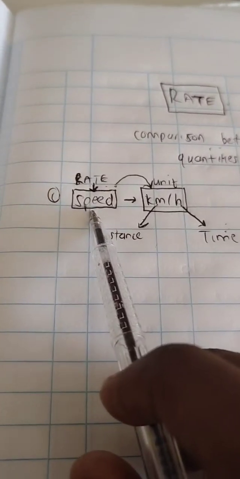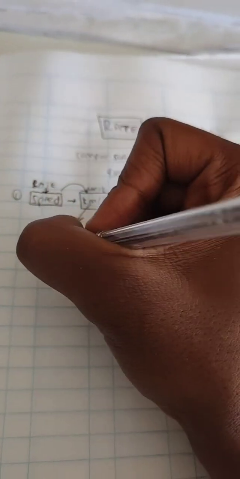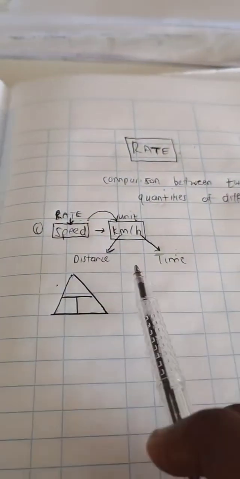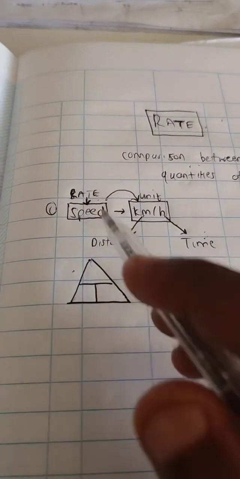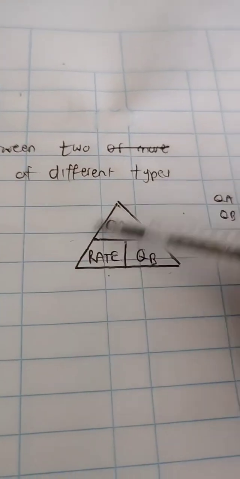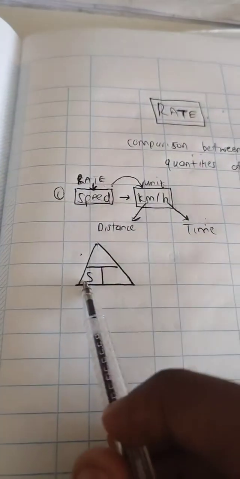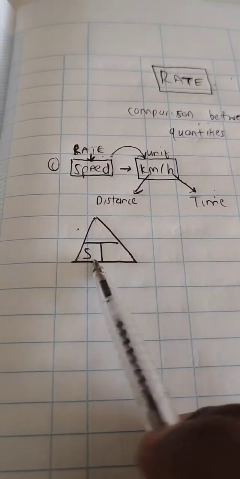For instance, speed, as I said to you, is the rate that compares distance with time. So as the rate, where would speed be located in this triangle? It will be located here. We would put speed there because rate belongs there.